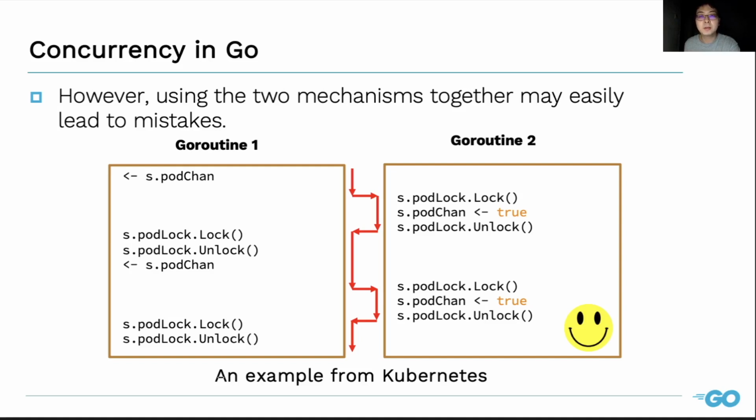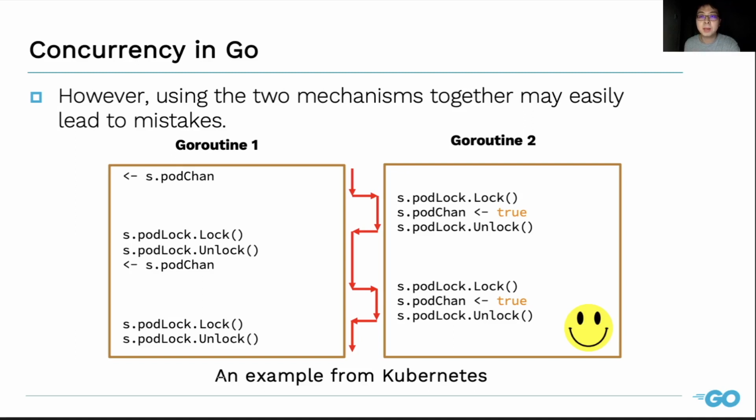In this figure, the two coroutines are using an unbuffered channel, namely podChan, and a mutex, namely podLock, to synchronize with each other. Coroutine 1 performs a reception by podChan. Next, it locks and unlocks podLock, and then repeats the above operations.